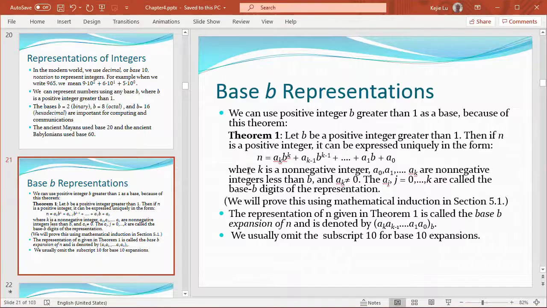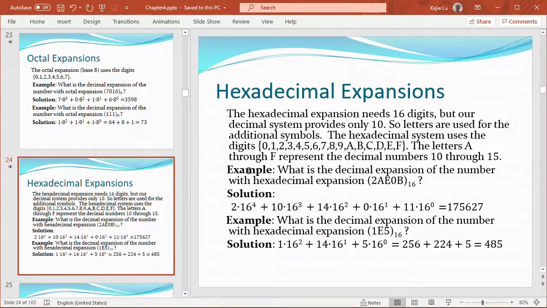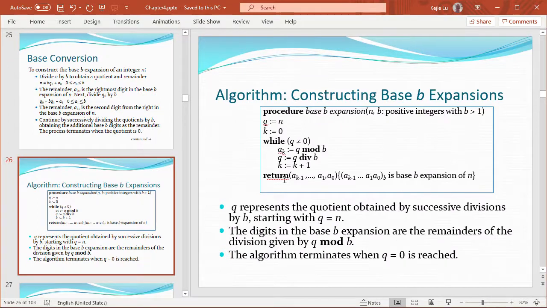The algorithm is shown on page 26. It is called base b expansion. So we have the number n and a base b. Apparently, we want this b to be greater than 1 in this case.